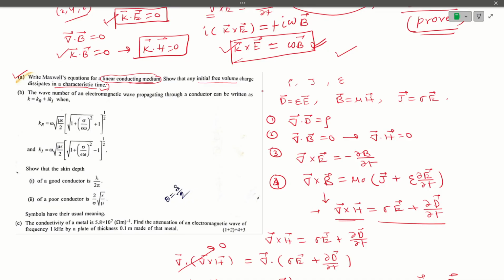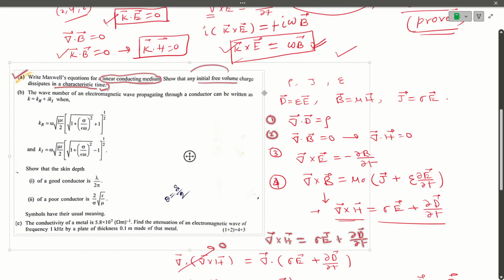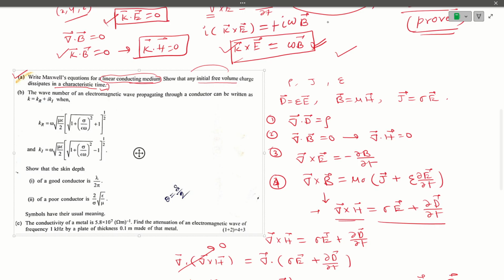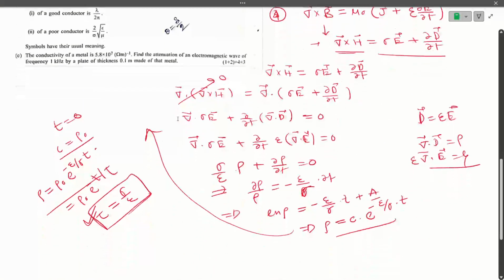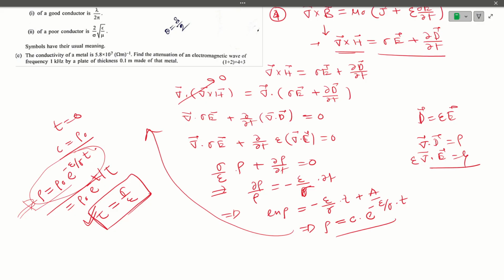So the initial volume charge dissipates in a characteristic time. So here the initial charge is dissipated on the basis of this equation.